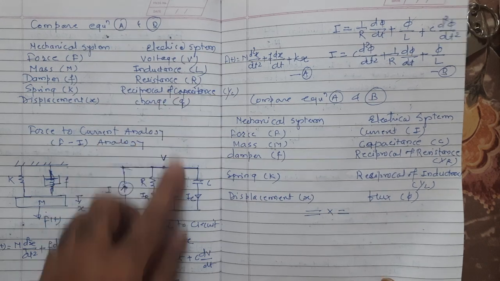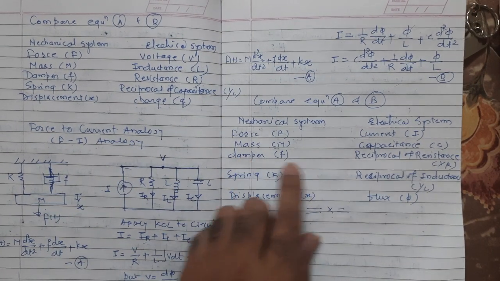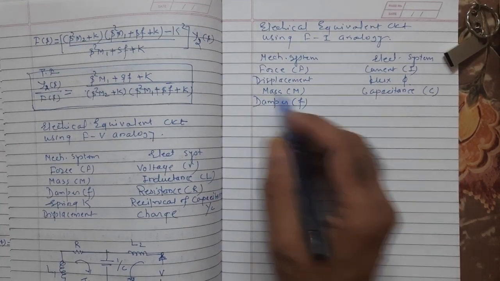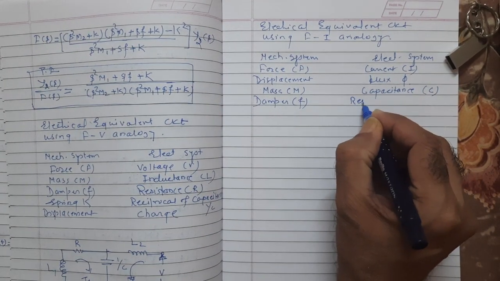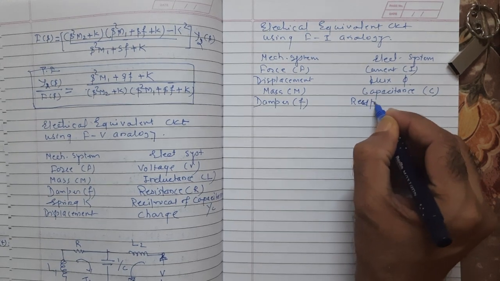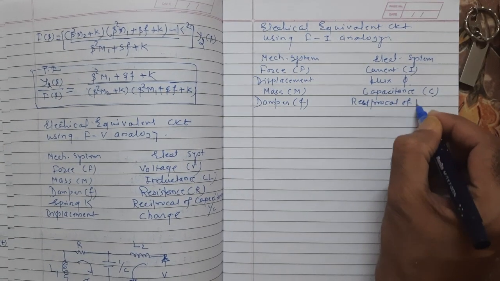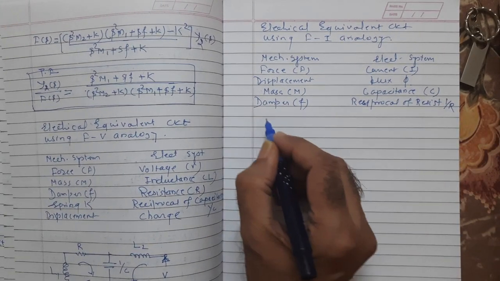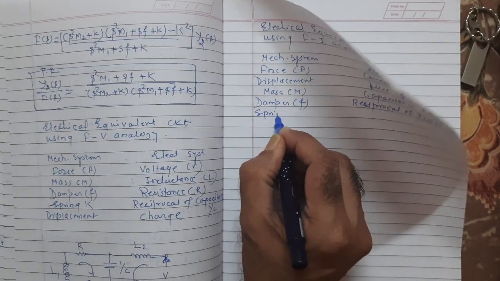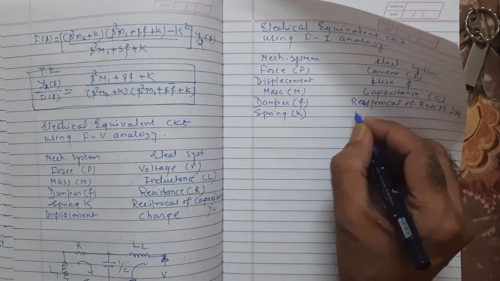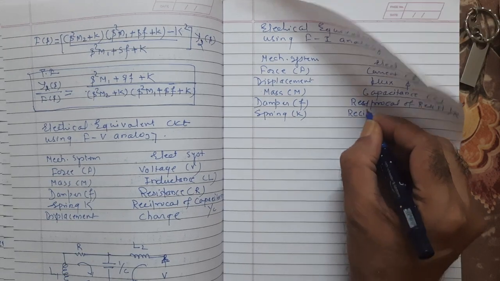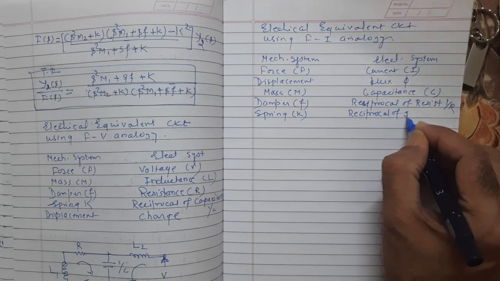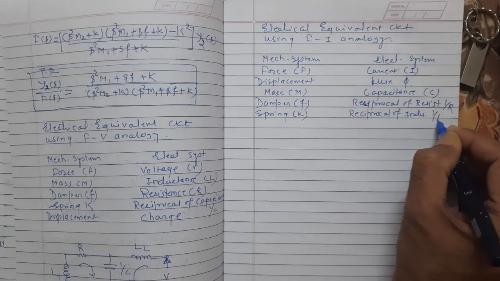The damper is the reciprocal of resistance, that is 1 by R, and the spring, that is K, is the reciprocal of inductance, that is 1 by L.